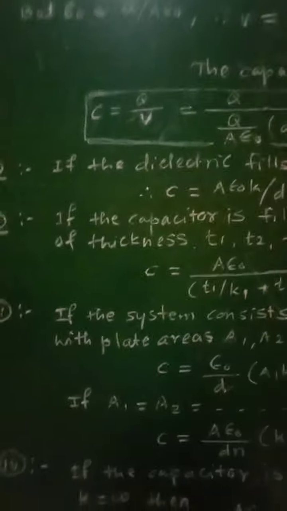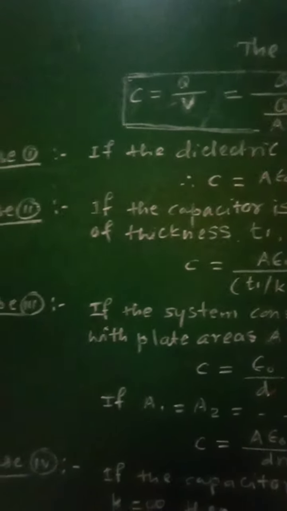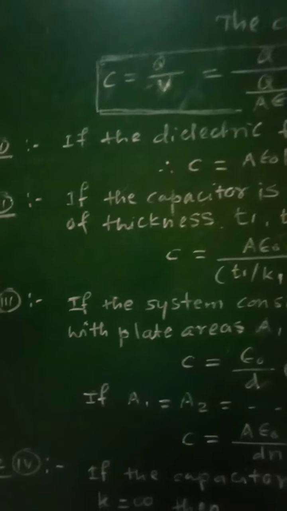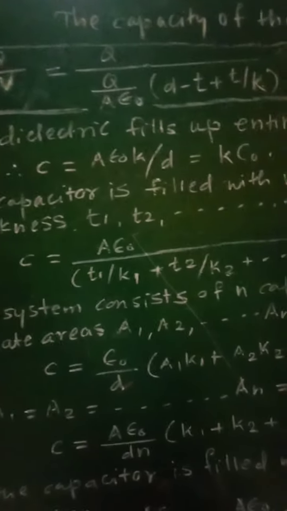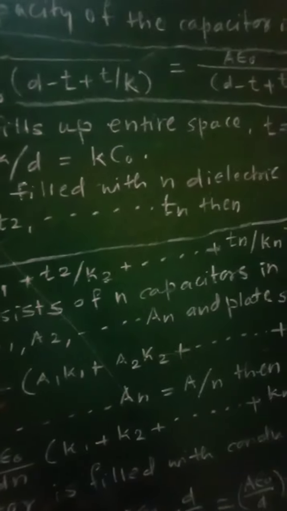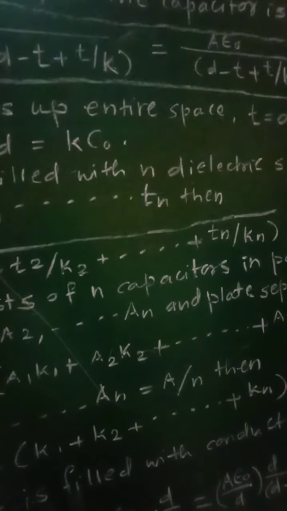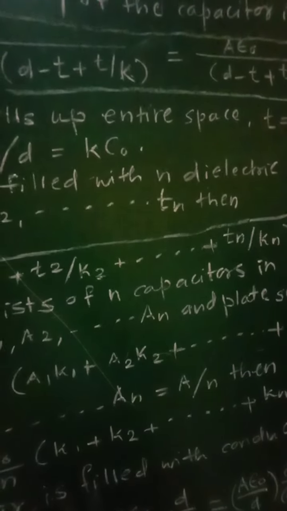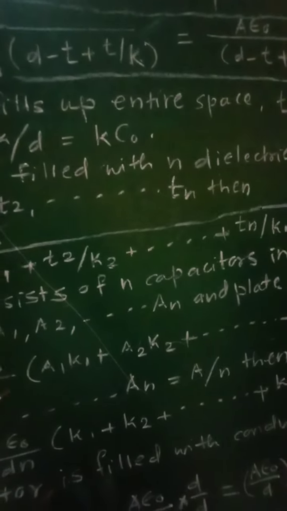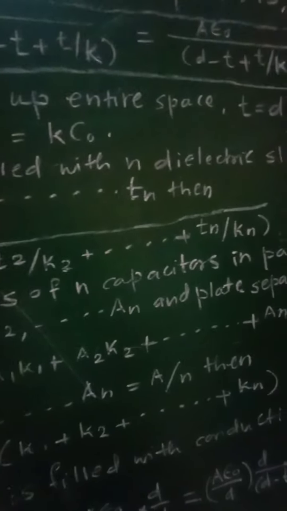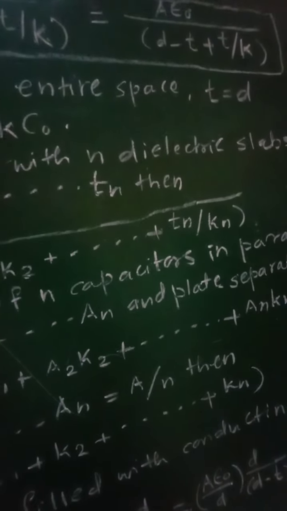Now different cases will occur in this case. Case 1: if the dielectric fills up the entire space between the two plates of that capacitor, that means if the whole space between P1 and P2 is filled with the dielectric, then t will become equal to d.